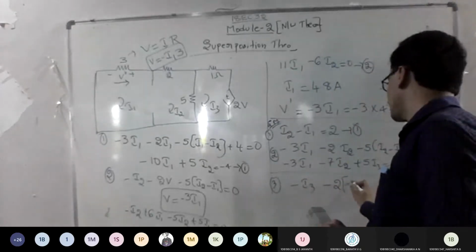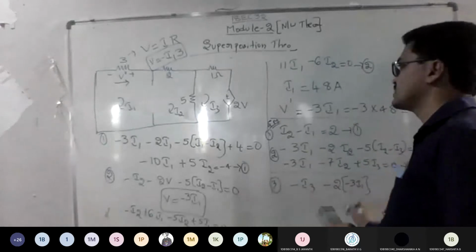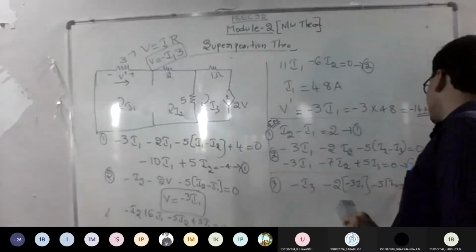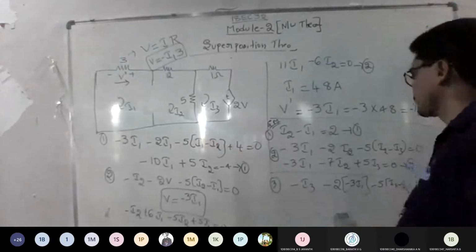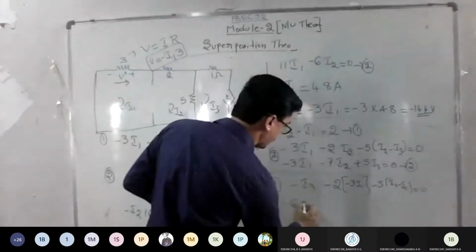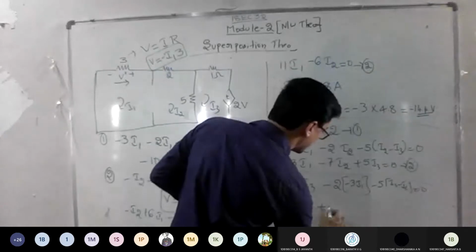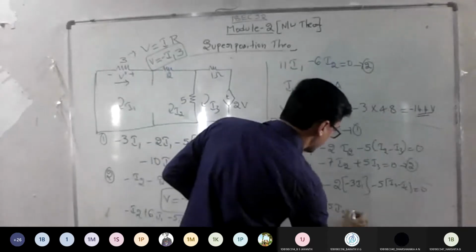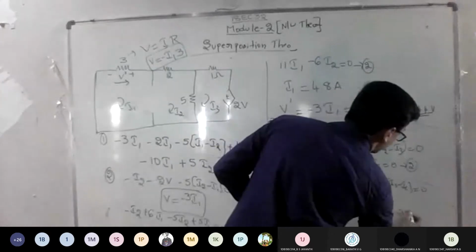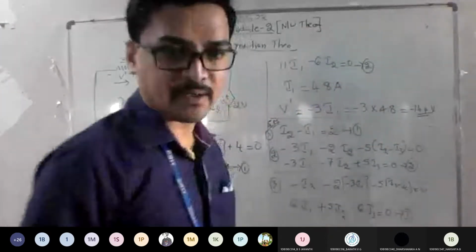It says minus 3 I1. This is a mistake you will commit, so be alert. Minus 5 I3 minus I2 equal to 0. If you solve this, you are going to get 6 I1 plus 5 I2 minus 6 I3 equal to 0. So is this equation number 3? Is it correct, everyone?